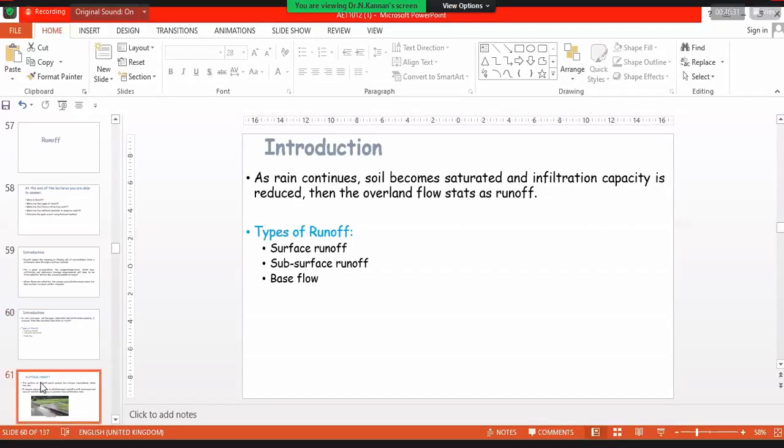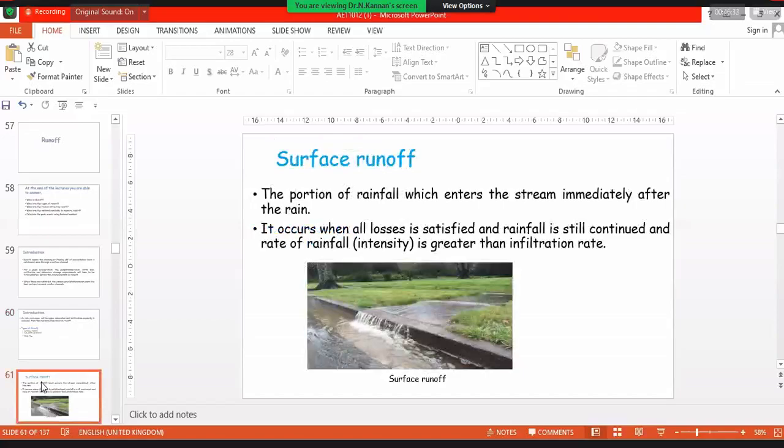Right, good. So we'll see this one, subsurface runoff. This is also very, very important for us to understand, right? The portion of rainfall which enters the stream immediately after the rain.